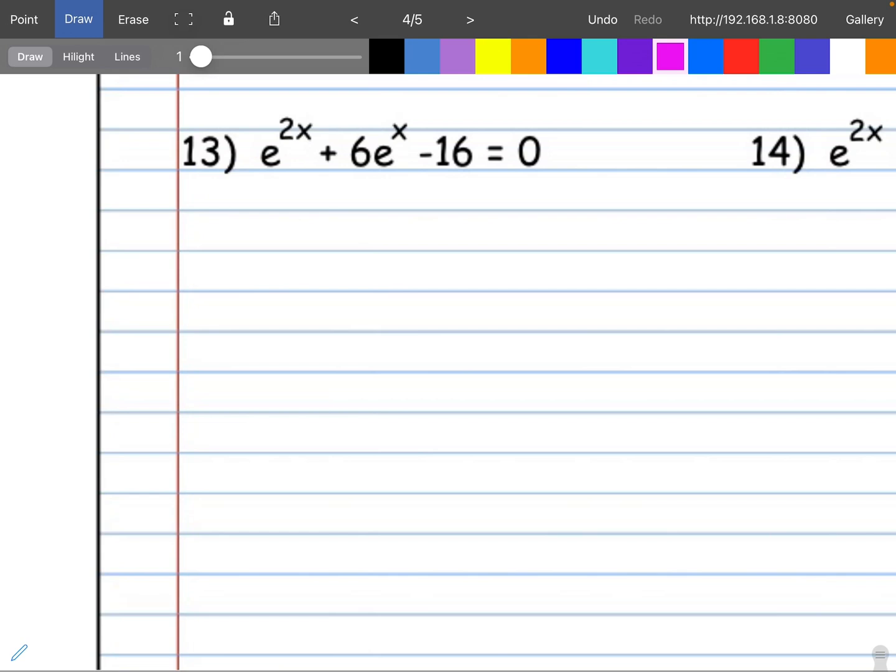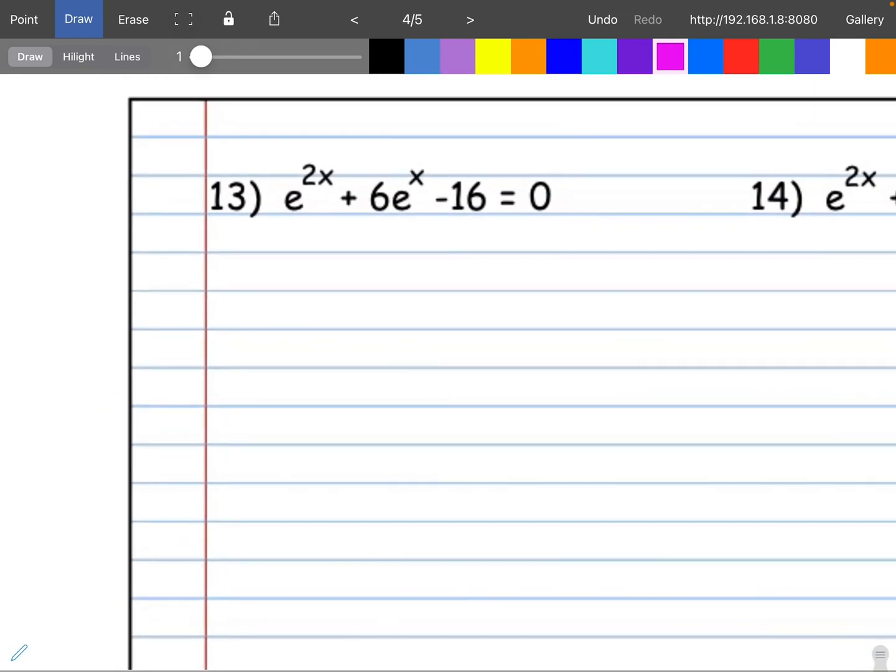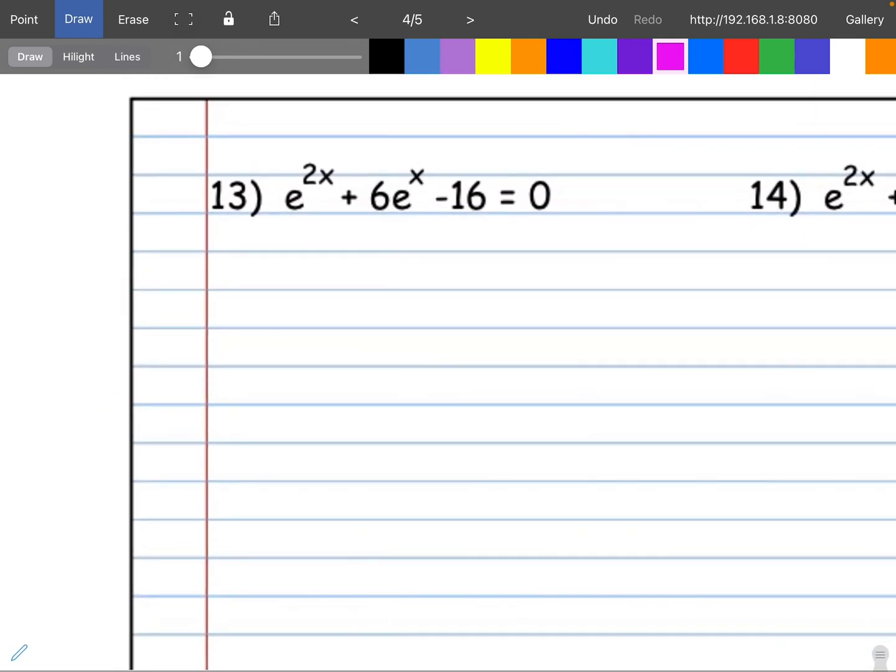All right, now number 13 looks really weird. So I want to talk to you about how to deal with this in more familiar terms. So we have e to the 2x power plus 6e to the x power minus 16. For just a moment, I want to think in simpler terms.